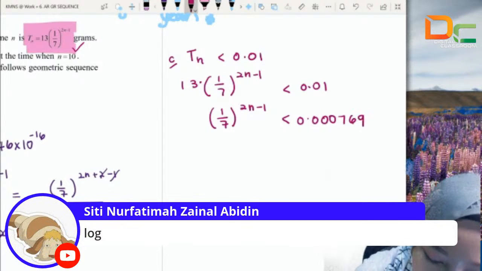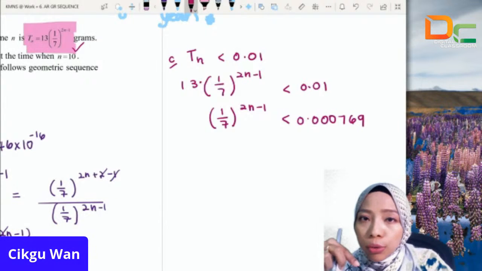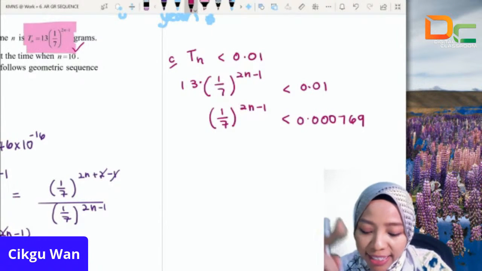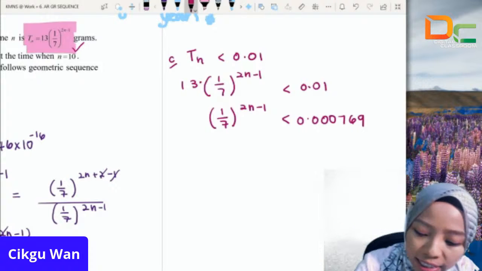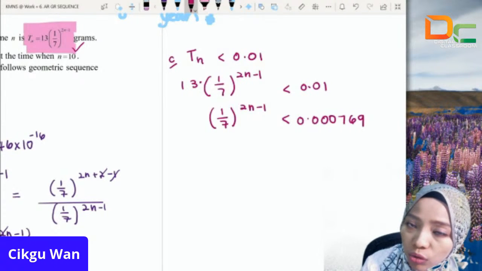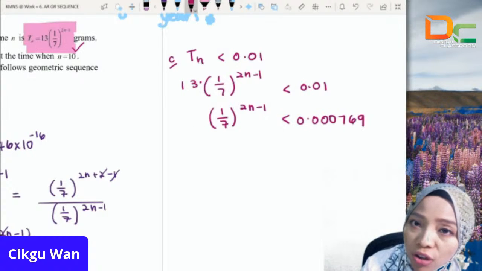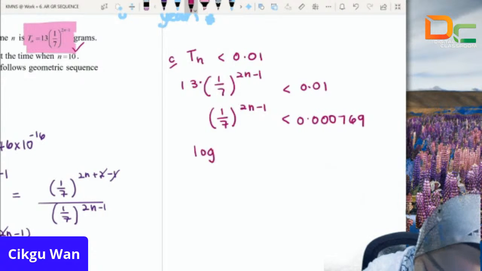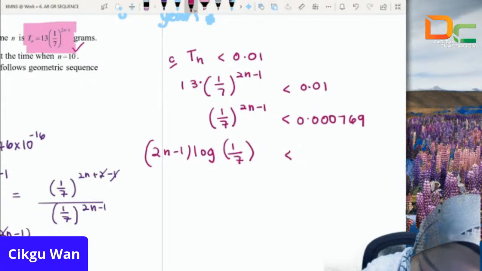0.769. Okay. So what we're gonna do here when we want n, okay, ini macam ibarat layang-layang. Sekarang layang-layang di atas, kita kena tarik ke bawah. By doing that, we have to put log. If and only if we have log, then only we can bring n to the front. Okay, so log 1/7. Okay, 2n minus 1 log 0.000769.